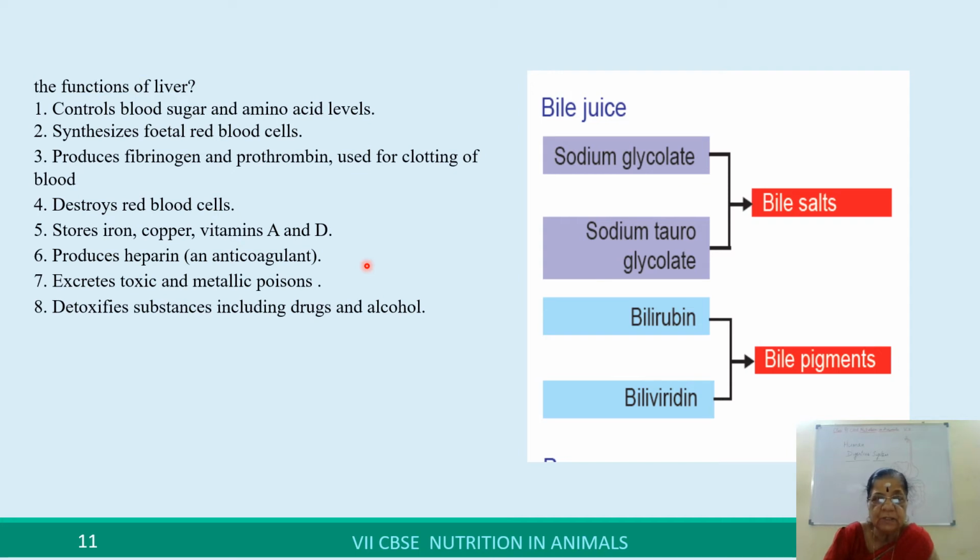Blood should not clot inside the vessels, that is coagulation. So the presence of heparin is a must in every part of the blood. Then it excretes toxic and metallic poisons and detoxifies substances including alcohol and drugs. So these are the functions of the liver.